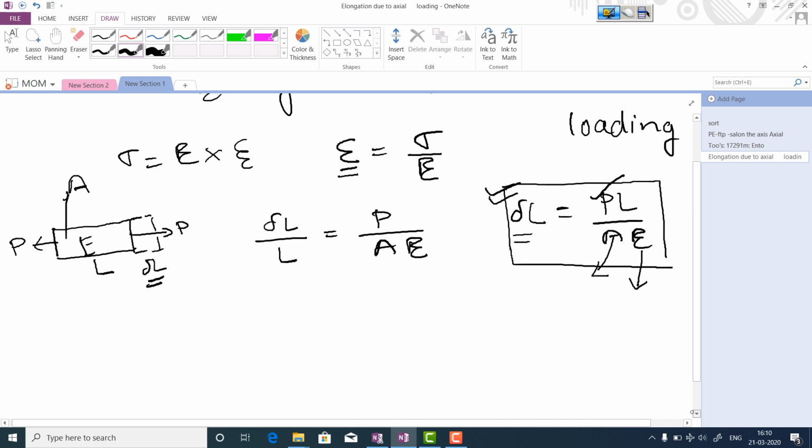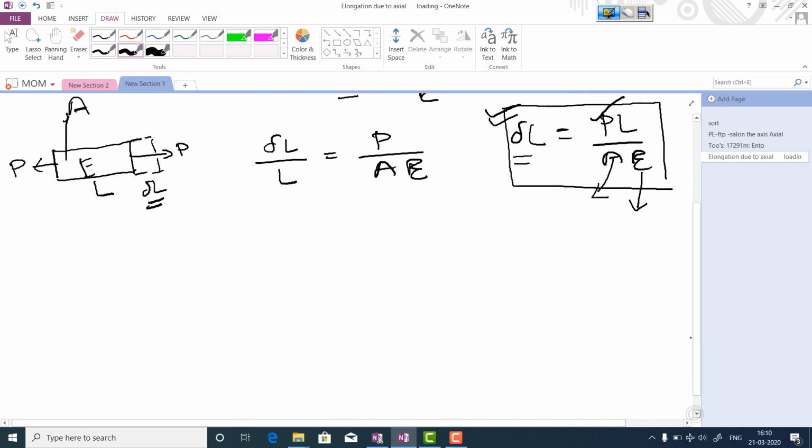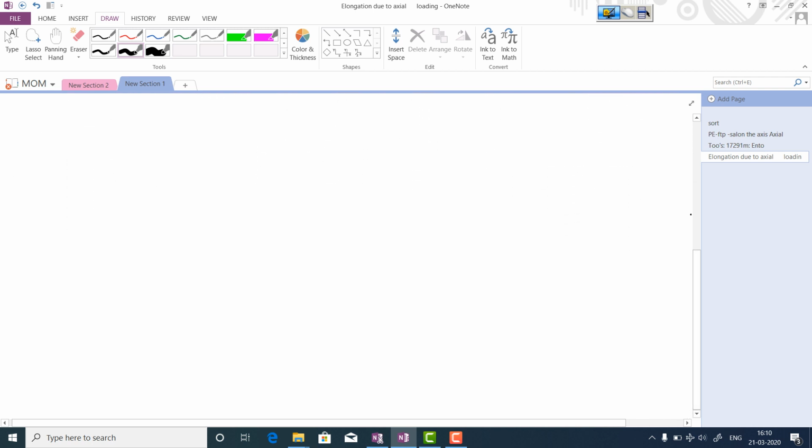Now, I'll write the equation here, delta L is equal to PL by AE. What to do when the load and area are changing? Simply we need to integrate it.